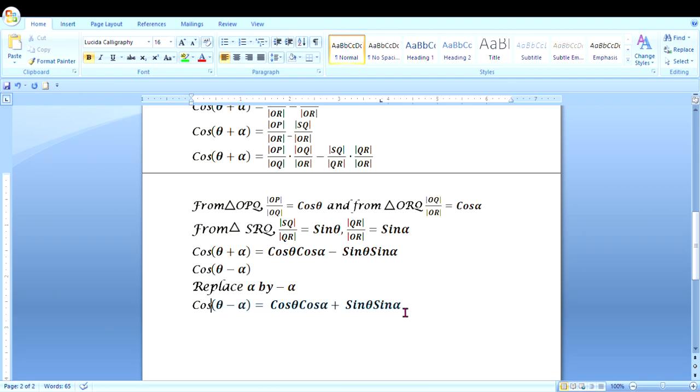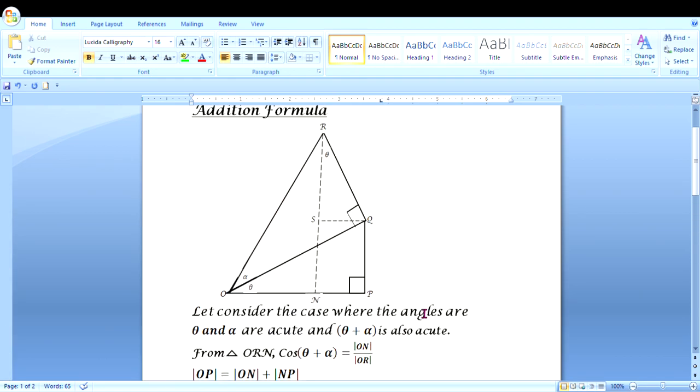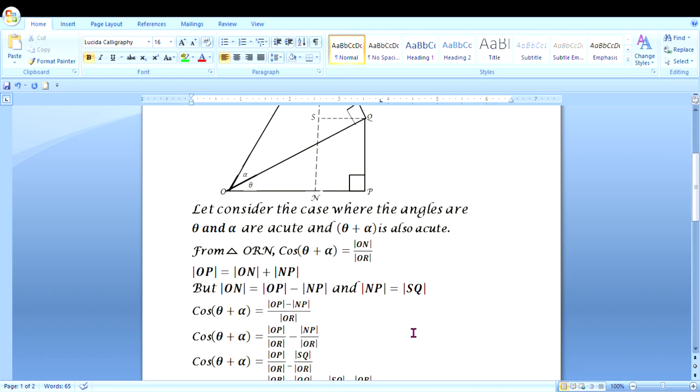This is the appropriate way of handling cos theta plus alpha using trigonometric substitution. All right, so we have known the formula for cos theta plus alpha and cos theta minus alpha.